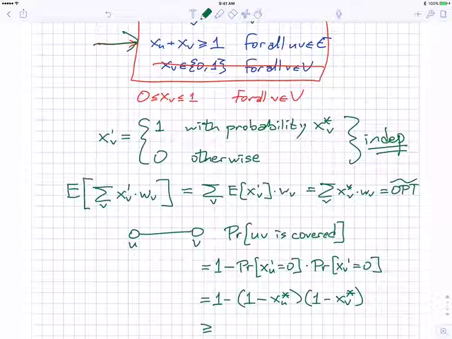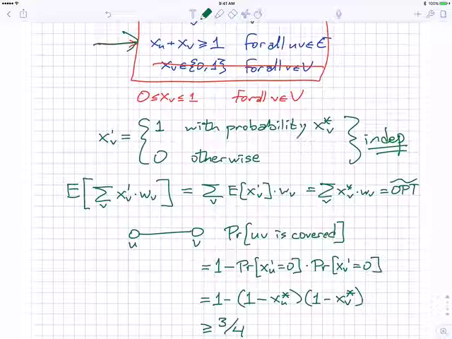And so it turns out that if I grind through the math, the worst case probability that I get over here is when xu star is equal to 1/2 and xv star is equal to 1/2. Right? If the balance is different, I'm going to get a smaller product, which means I'm going to get a larger final result. So that constraint up at the top, xu plus xv is at least 1, implies that this expression is at least 3/4.